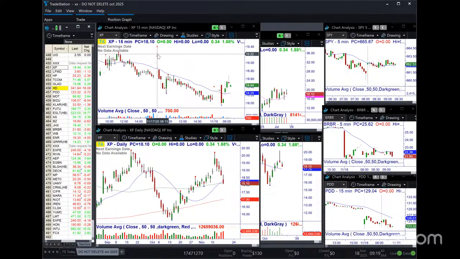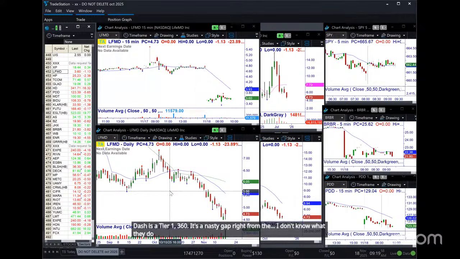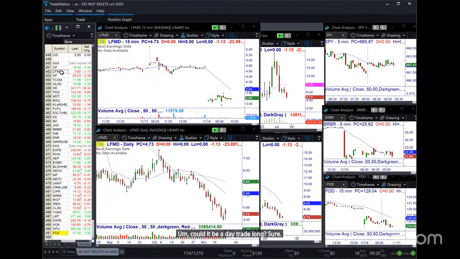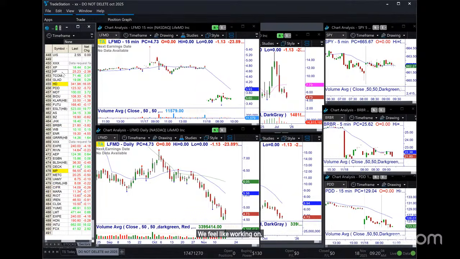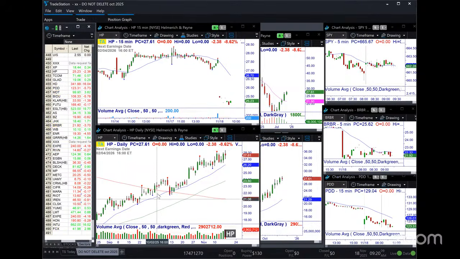No, not a tier one like the DASH, which is a tier one 360. It's a nasty gap. Right, MD? I don't know what they do. Could it be a day trade long? Sure, if you feel like watching it for 5 or 15 minutes. HP 25 and change, no pattern.